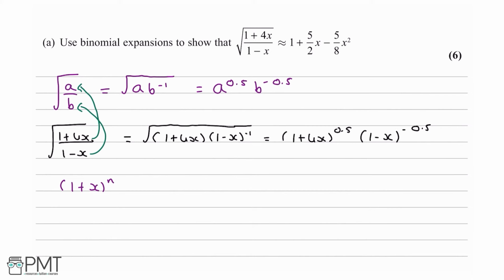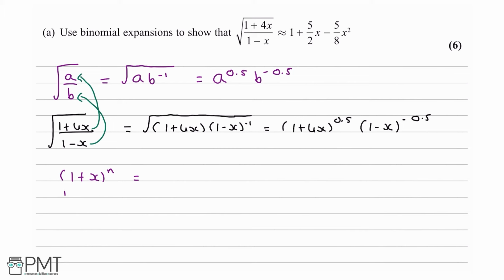Well, if you have (1 plus x) to the n, given that n is rational, this equals 1 plus nx, plus n(n minus 1) over 1 times 2 x squared, and so on.